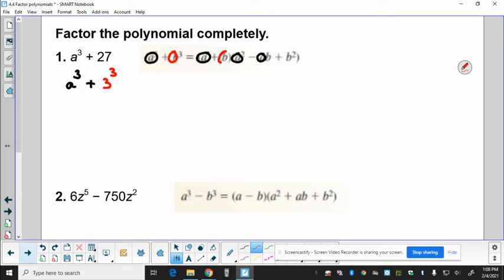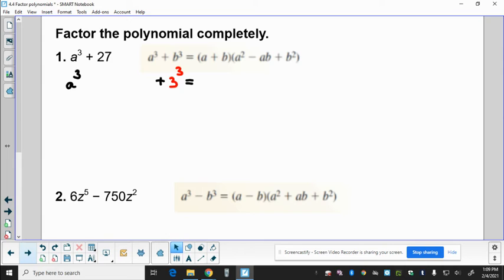So this would be the location of those 3's. Now, what I'm going to do is show you how we can write this in factored form. Actually, what I can do is just slide everything over here underneath this formula, and you'll see how everything fits together. So it is a sum of two perfect cubes.